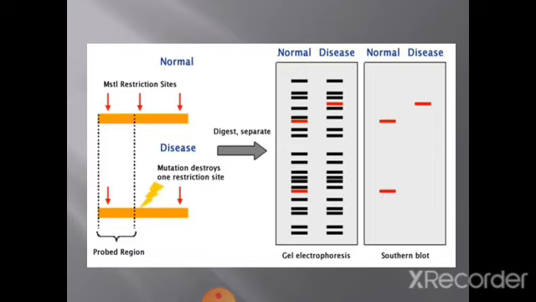Now what all I explained, you have to do that. Treat with RE, then run on AGE, then hybridize. So if you put them on agarose gel electrophoresis, you can see the band patterns of the normal and also the disease. You can make out that a few bands are missing in the diseased person, especially the band here.